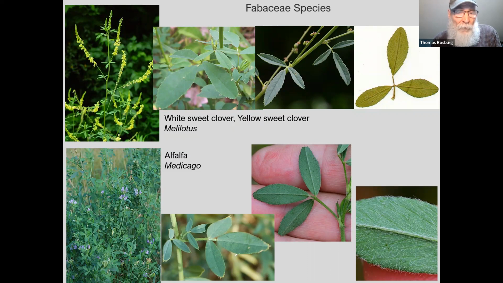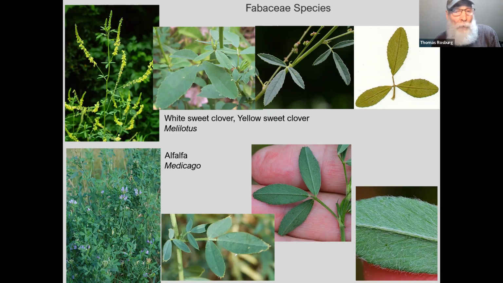And then another species that's pretty similar to the sweet clovers is alfalfa, Medicago sativa. Now it's probably not quite as invasive as Melilotus, the sweet clovers, but it certainly does occur somewhat, especially in prairie restorations where alfalfa may have been a species that was present at one time.